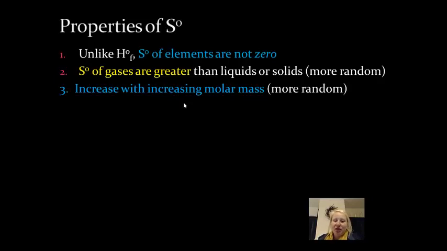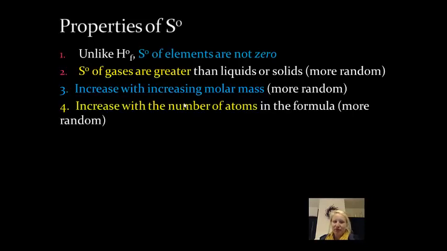And entropy will always increase with increasing molar mass because the more mass you have, the more random you can be. Remember all those motions: vibrational, translational, rotational. So molecules with greater molar mass have more randomness. They also increase with the number of atoms in the formula because the more atoms you have, again, the more random you can be.